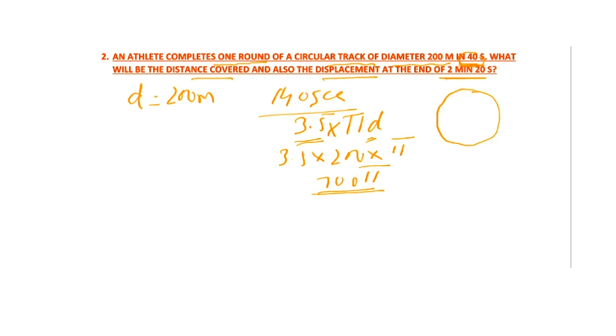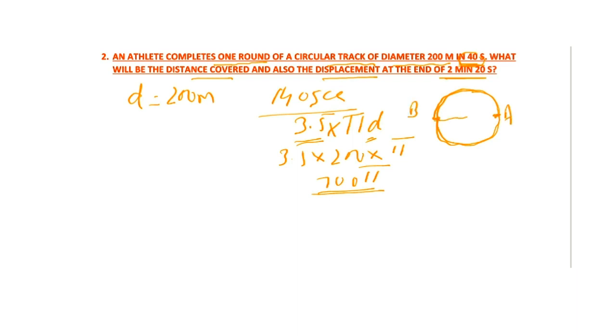But we know that the displacement is the shortest path between the initial and the final position. Suppose the athlete starts from this point, covers 3 complete circles and half a circle to this point. Now the initial point is this, the final point is this.